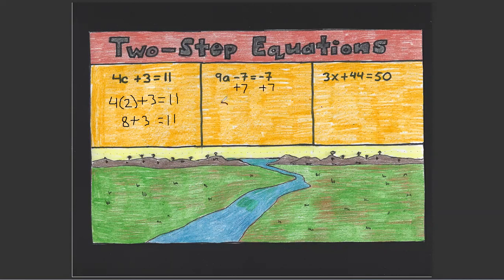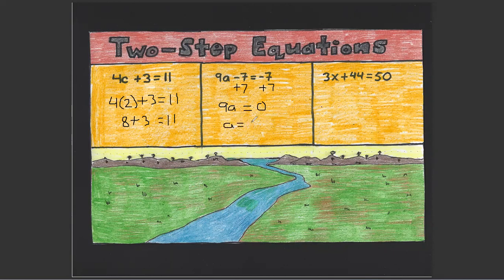And now we have 9a is equal to 0. The good news is that this is an easy one, because one of our math rules tells us that any number times 0 will equal 0. So a must be 0.